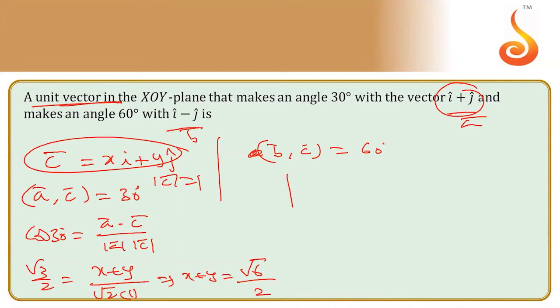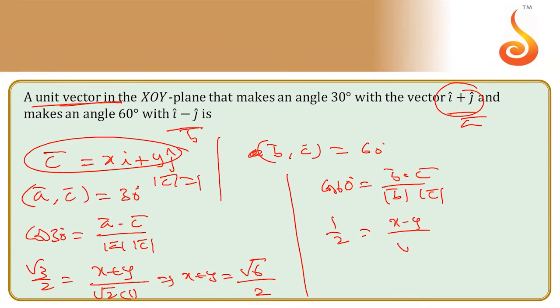In a similar manner, cos 60 equals b dot c by modulus b modulus c. So 1 by 2 equals b dot c, that is x minus y by root 2. That is x minus y equals root 2 by 2. Now solve for x and y.